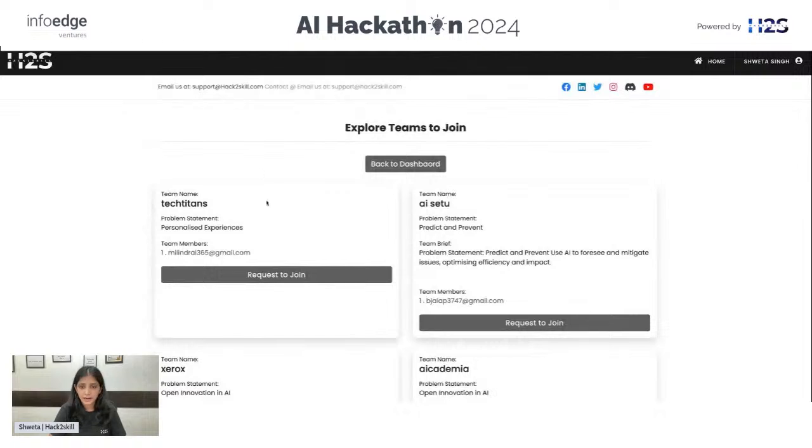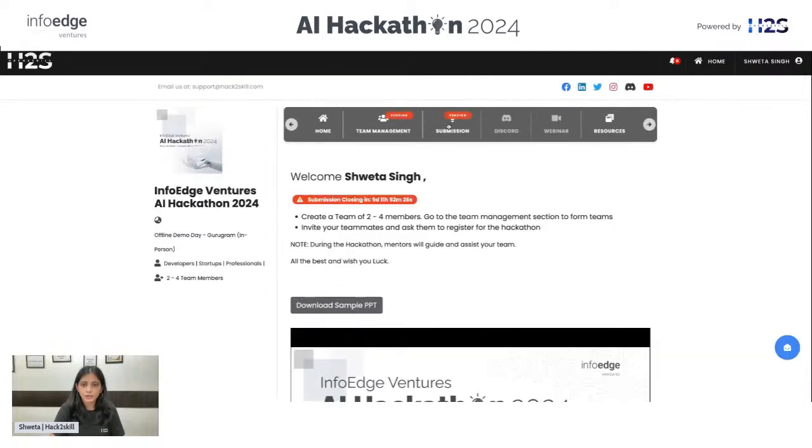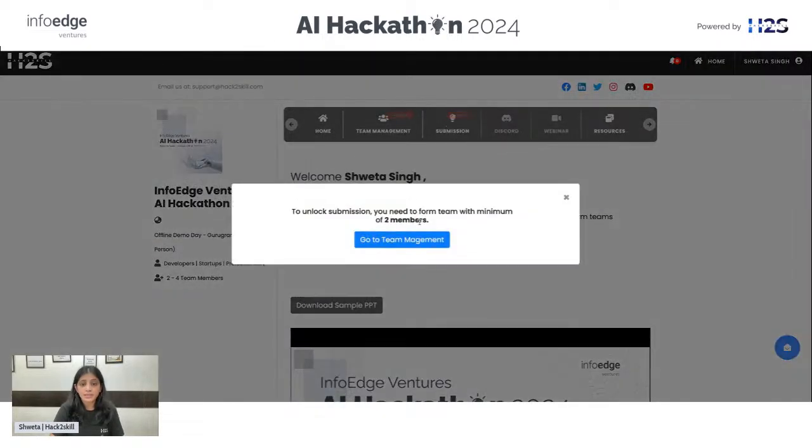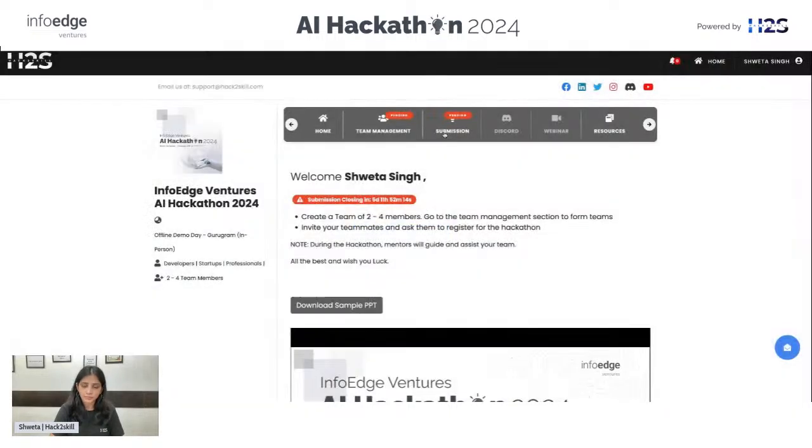But it is mandatory to form a team of a minimum of 2 and a maximum of 4 team members. This is your second step, and once you have done that, you can click on the submission. Since I have not yet formed a team, I get a pop-up notification that to unlock submission, I need to form a team of at least 2 members. Once I do that, I can submit my idea by clicking on submission, where it is showing submission pending.